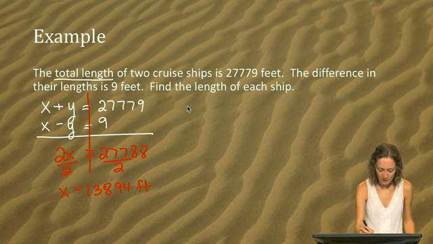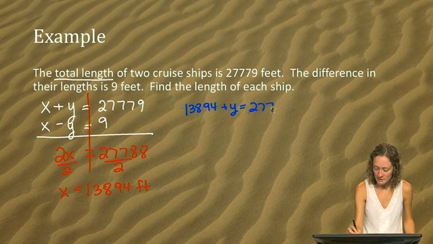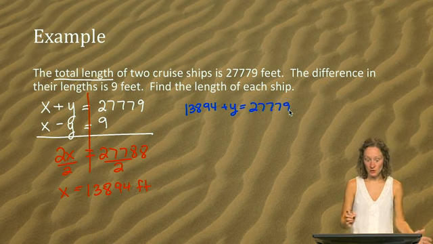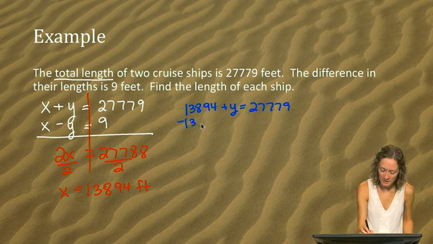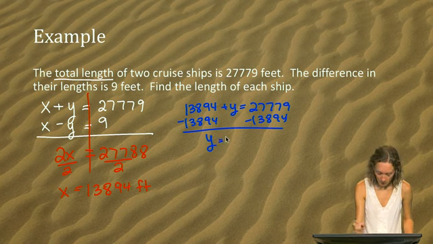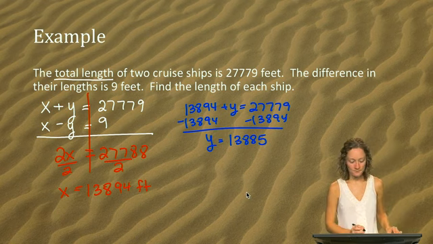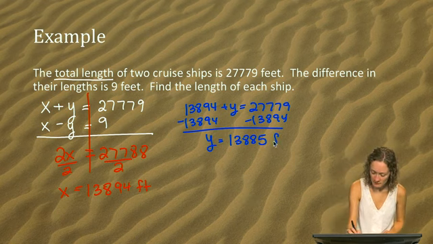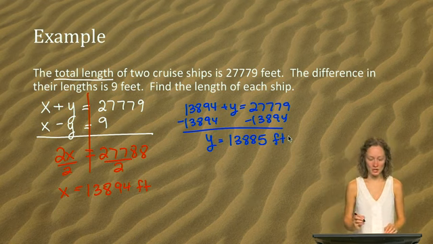So I'll go with the first one again. 13,894 plus y equals 27,779. We're solving for y, so subtract 13,894. And we get y equals 13,885. Oh, again, feet, since we're talking about the two ships.